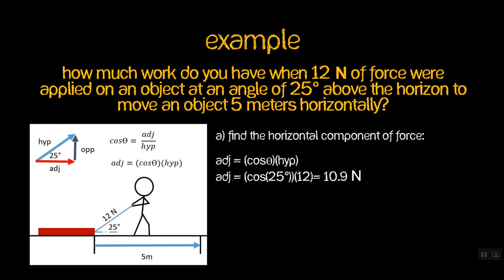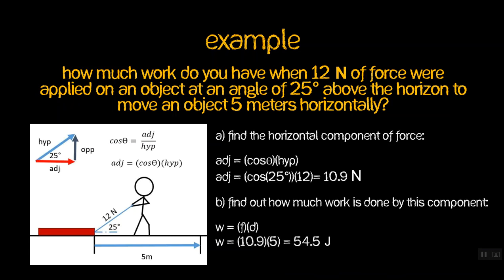So 10.9 of that 12 newton is horizontal, and only that 10.9 newton causes the object to move. Then we find out how much work is done by this component. We take the 10.9 as the force, multiply it by our distance, and we get our energy, which is 54.5 joules.